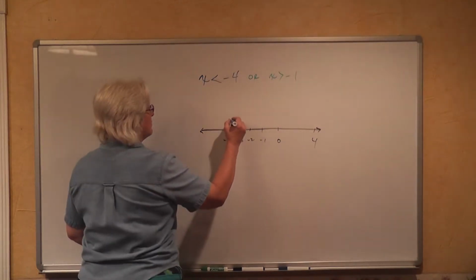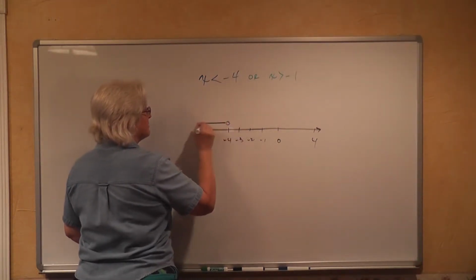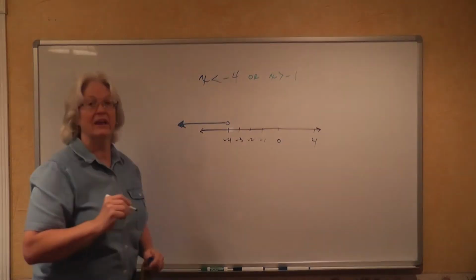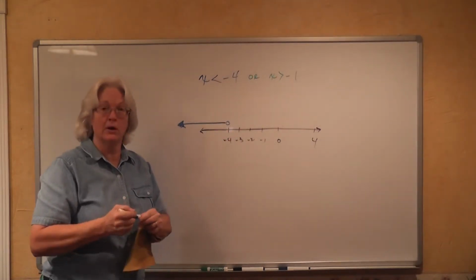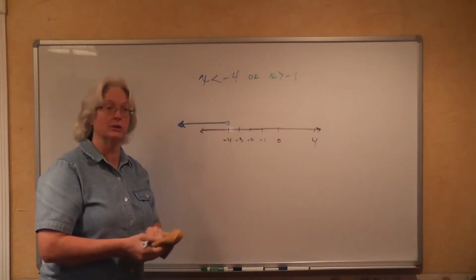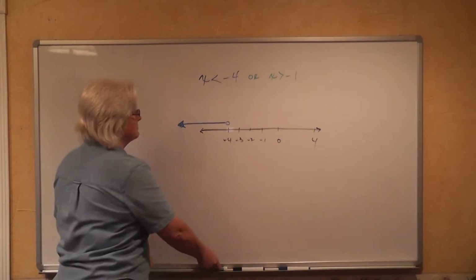x less than -4, I said x less than 4, it's x less than -4. We have an open circle because -4 is not a part of the solution, but everything smaller than it is a part of the solution.